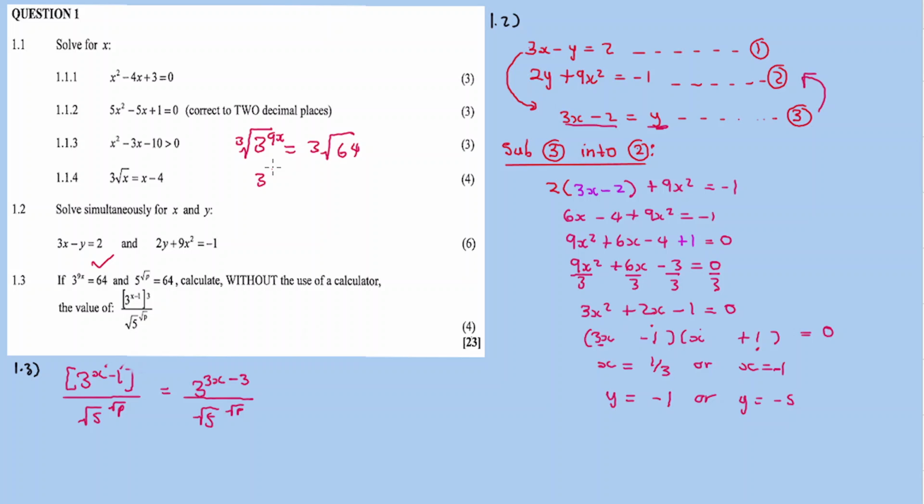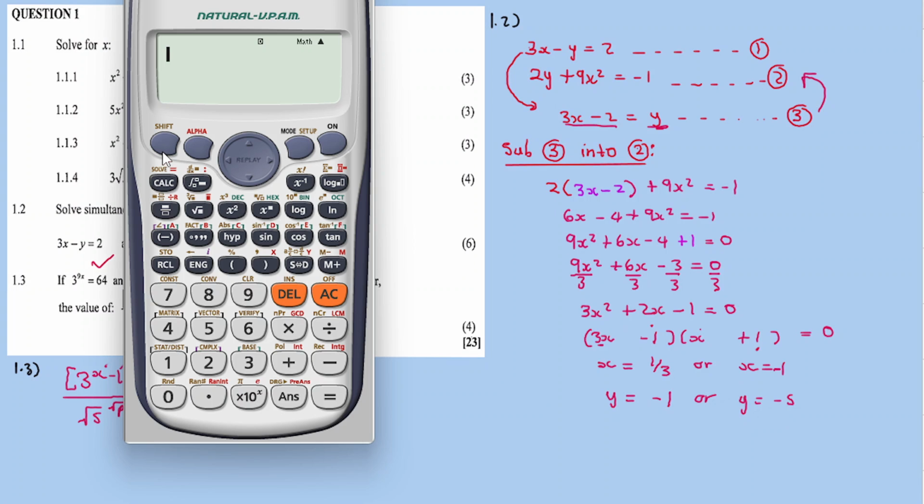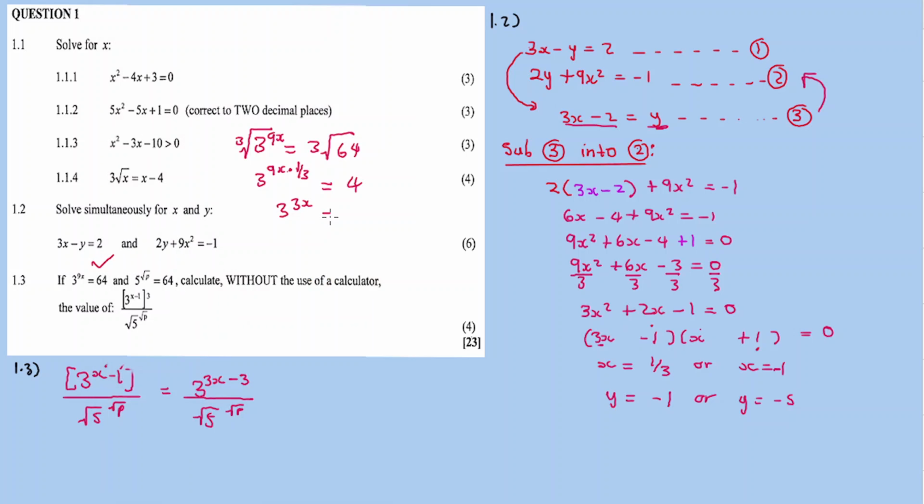The third root of 64 is equal to 4. 9x times 1 over 3 is equal to 3x. Therefore, by applying a third root on both sides of this equation, I've actually reduced the exponent 9x to 3x.